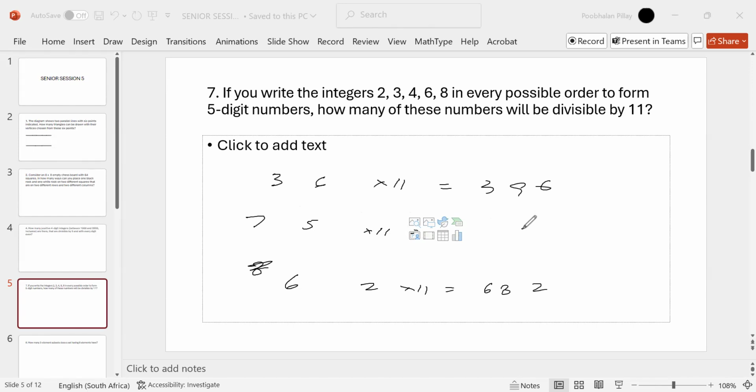I must put 2 and carry 1, and then the 7 becomes 8. So 75 times 11 equals 825. Anyway, that's just an aside. Short method of multiplying by 11.